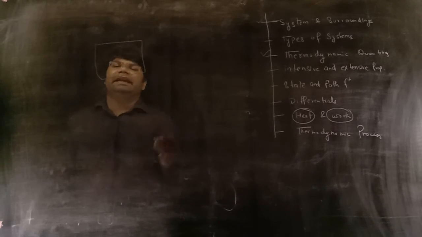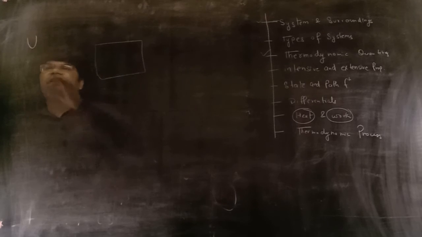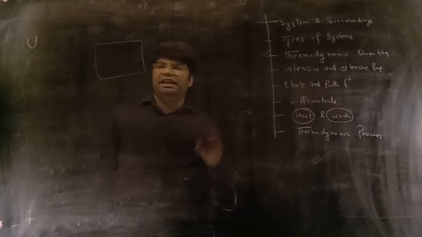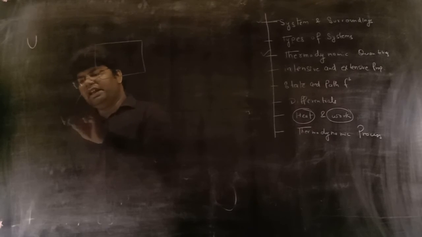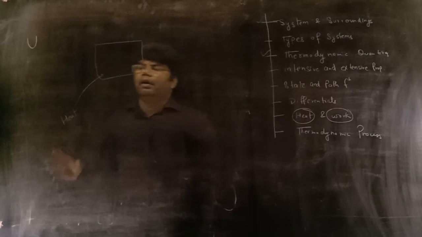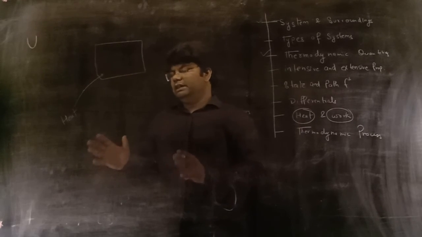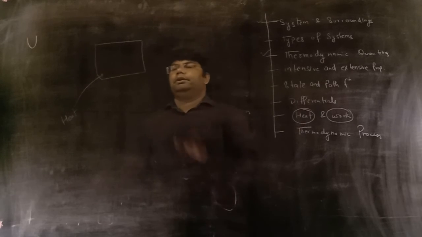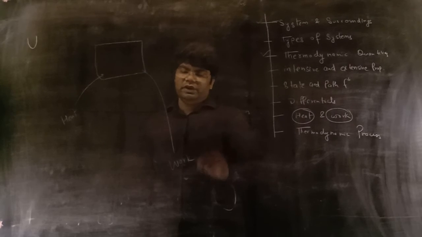Suppose this energy at a particular time is U. Now this energy can be changed in two ways. One is heat, which means by using the property of temperature difference, and the other is work.